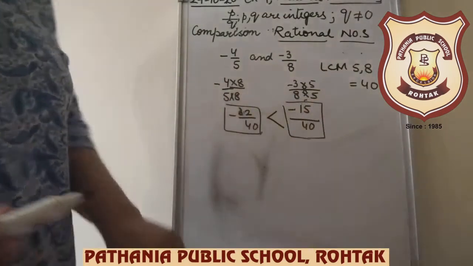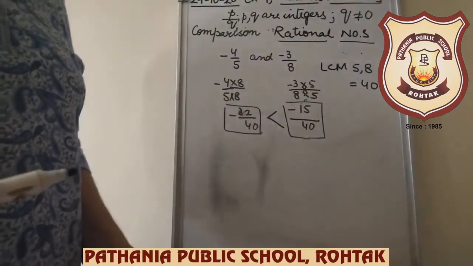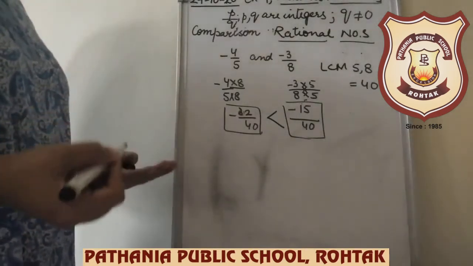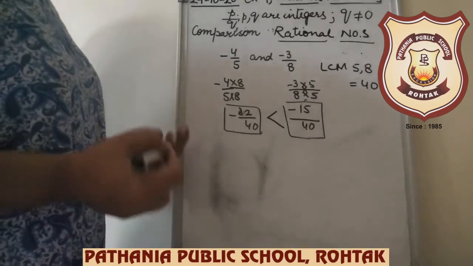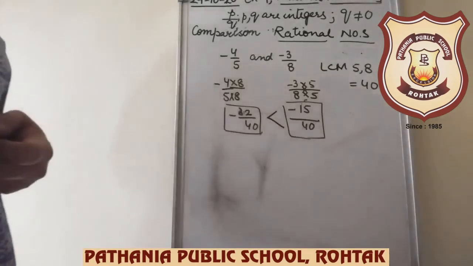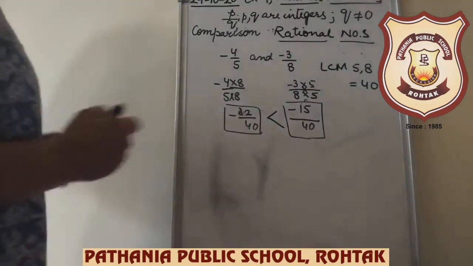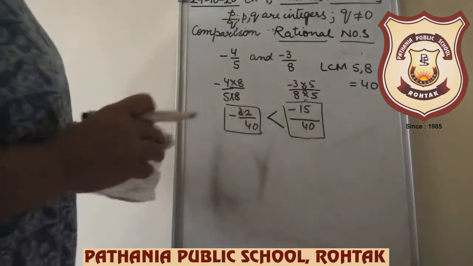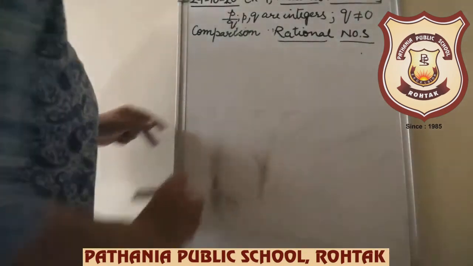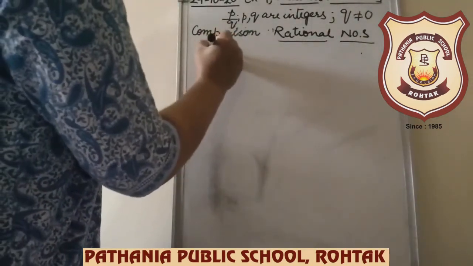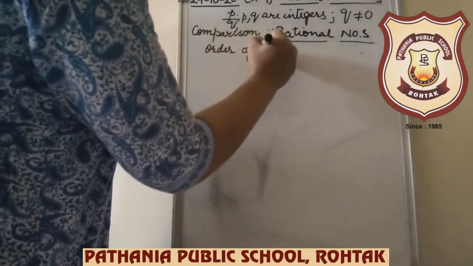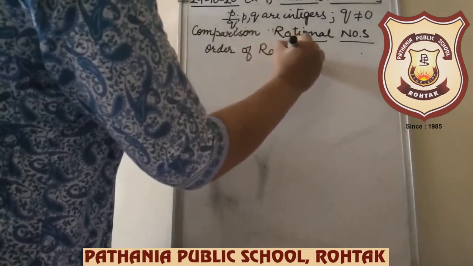So in this manner you are going to compare two rational numbers. And if you have to arrange them in ascending or descending order, that you know for fractions how to do. It is done in the same manner. Okay. So ordering, how to order rational numbers. If you know the comparison, you can do the ordering of rational numbers.